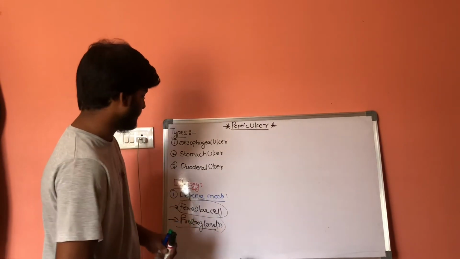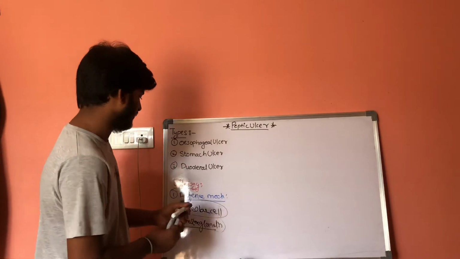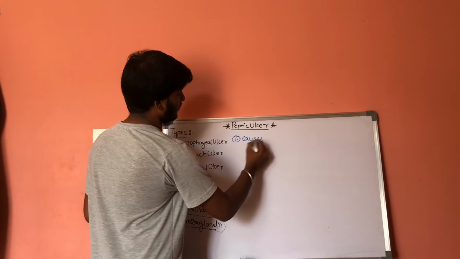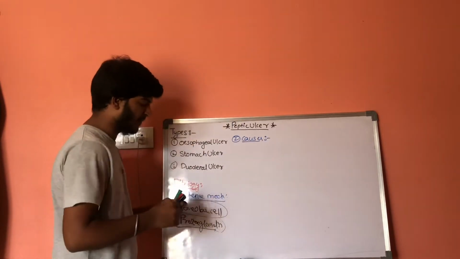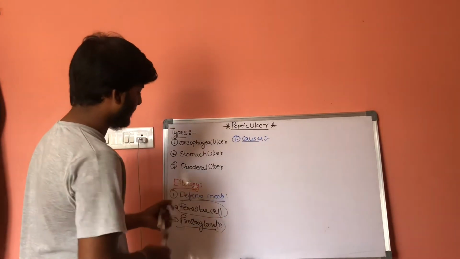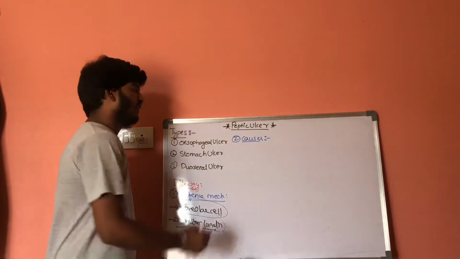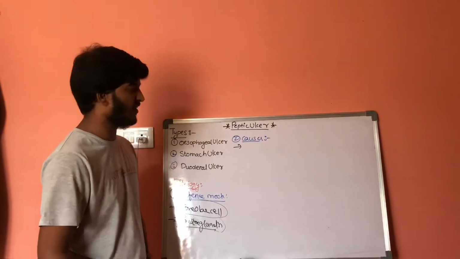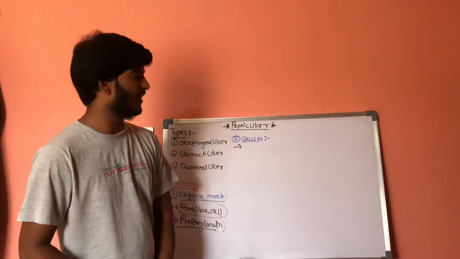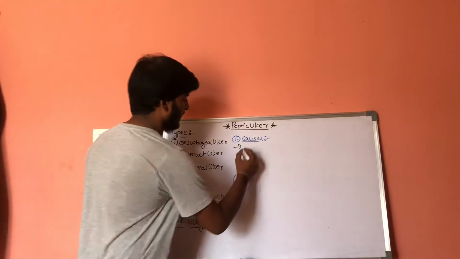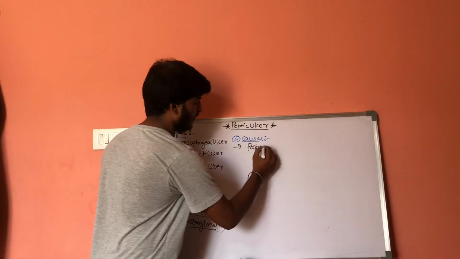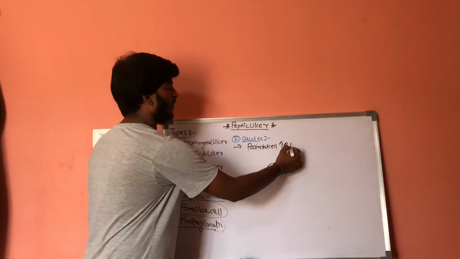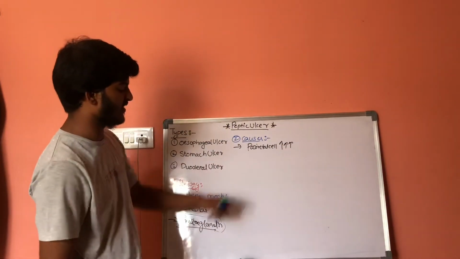Now, if we discuss the causes for peptic ulcers, the first cause is overactivation of parietal cells. If there is overactivation of parietal cells, there will be more release of HCl. That is, the parietal cells' action will be more.